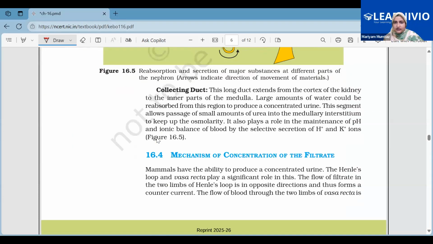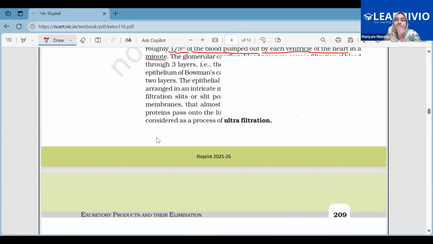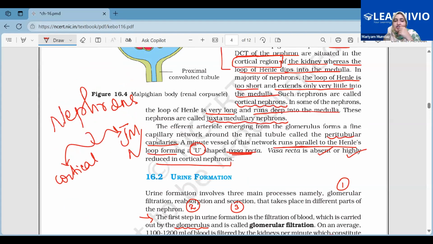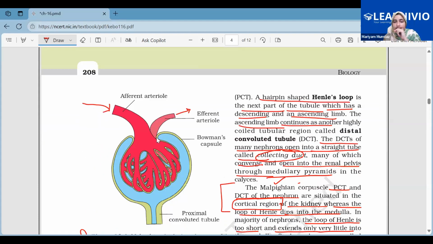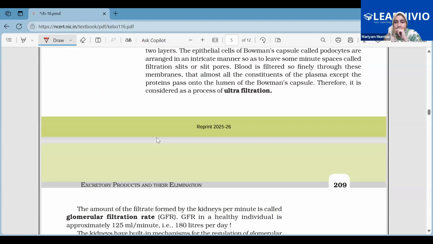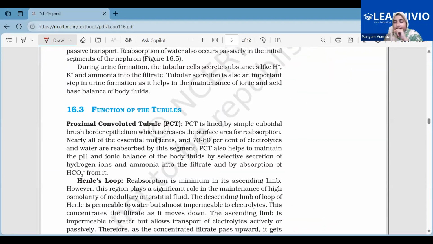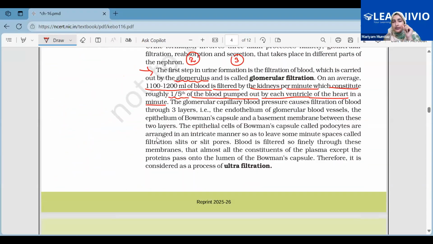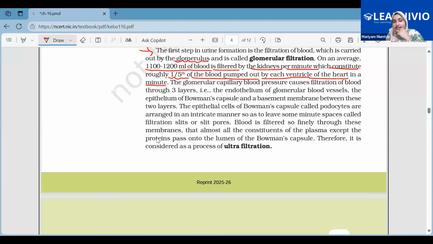Now see, the filtration happens through the three layers. Where is that picture? They removed it. Do you have a picture of that unit in your books? Because it's not here. There is this unit wherein the first layer is the endothelium of the glomerular blood vessels. Their endothelium is layer number 1.